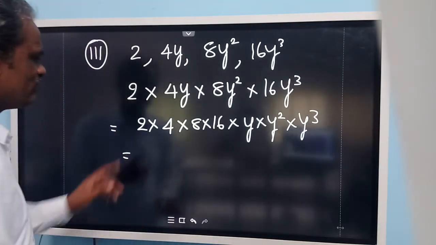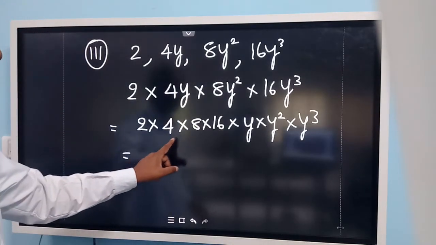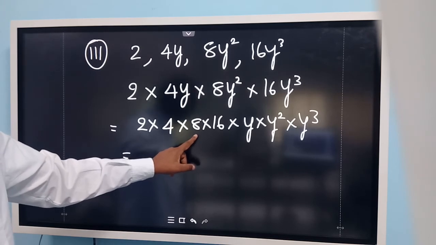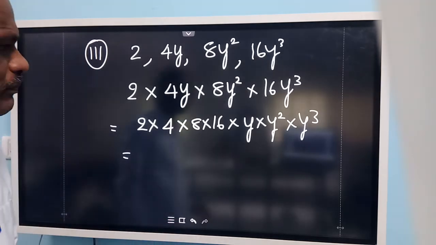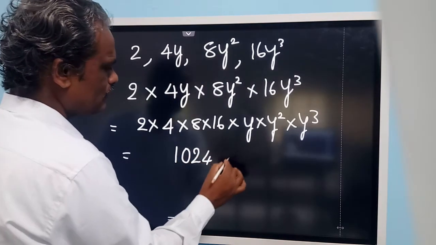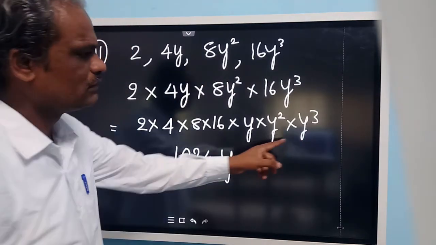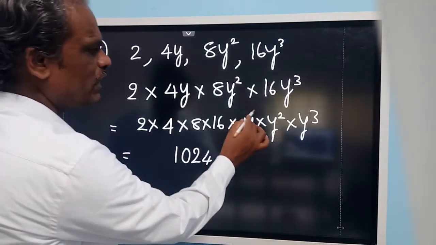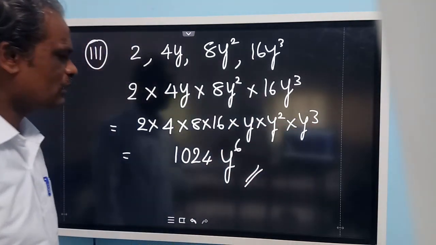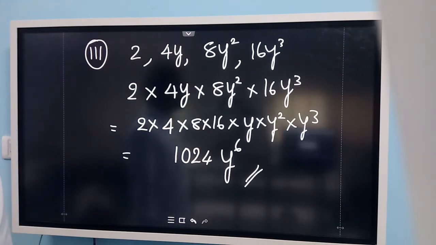So now multiply this one. 2 4s are 8, 8 8s are 64. 64 into 16, 1024. Then y is same here. Base is same. 1 plus 2 3, 3 plus 3 6. So 1024 y to the power 6.